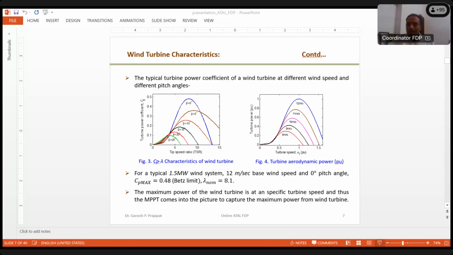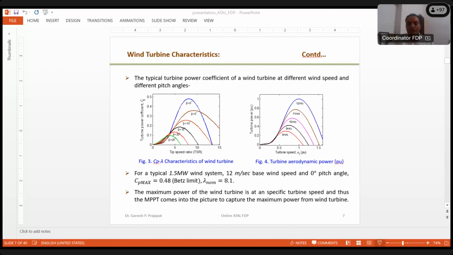So every time a generator or a turbine must rotate at its optimal value so that it can give the maximum power. Now how does that happen? The speed of the turbine is not in our hand. We can't control the speed of the turbine because wind is not in our hand. So what we need to do is provide some control from the generator side.